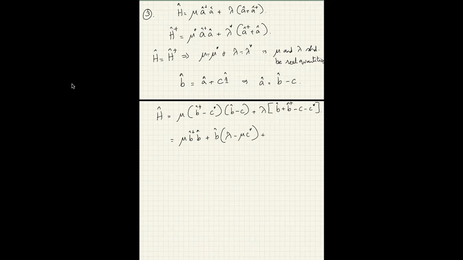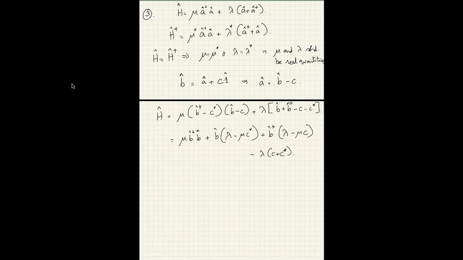Plus, I'll collect the terms linear in B dagger: one term from the second part and another from the first, which is mu times C minus lambda, minus lambda times (C plus C star). It's the exact same equation. I've just collected terms which are linear in B and B dagger.